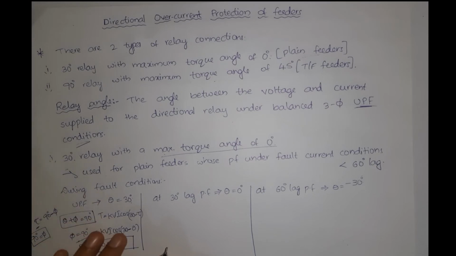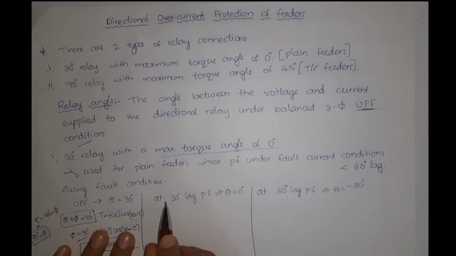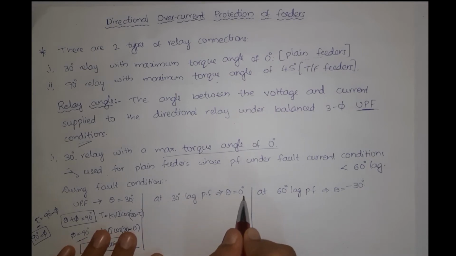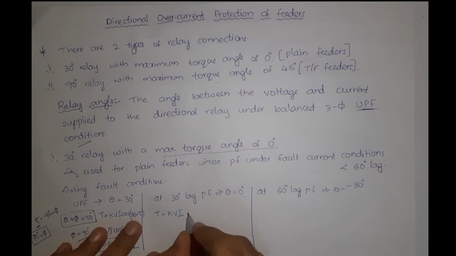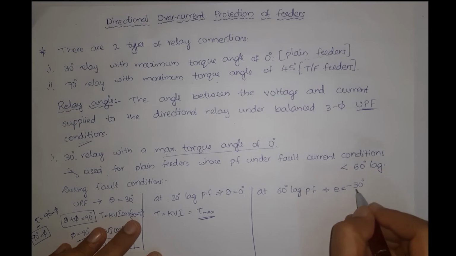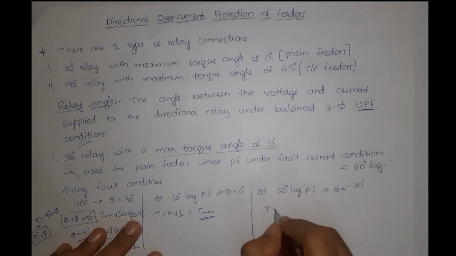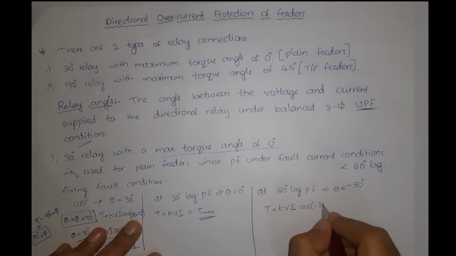In the same way, at 30 degrees lag power factor, what happens? Let us see now. At 30 degrees lag power factor, our theta becomes 0, alright? So the torque will be KVI, that is the maximum torque. In the same way, at 60 degrees lag power factor, our theta will be minus 30 degrees. So T is equal to KVI cos(minus 30 degrees).